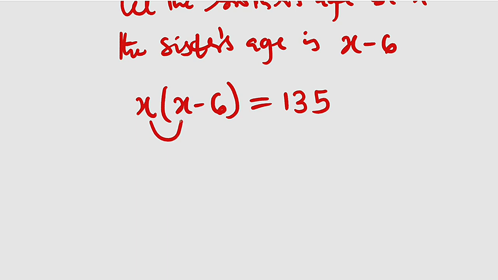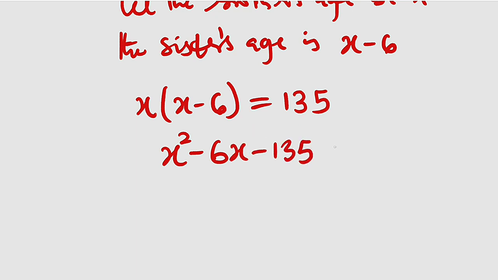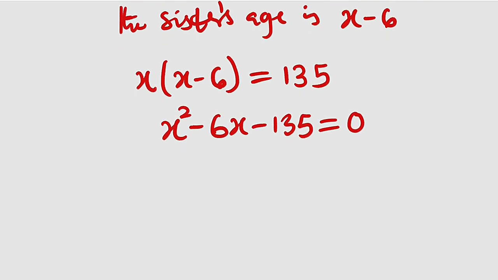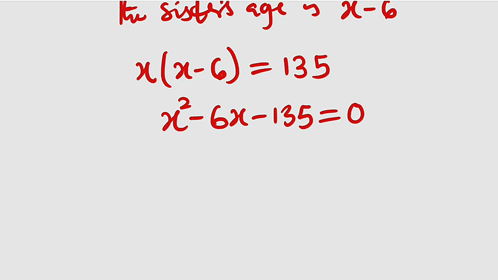So let's distribute. This time this is x squared, then x times negative 6 is negative 6x. You can bring this one backward, it becomes negative 135. The whole of this equal to 0. Another quadratic equation where we are looking for x. And x must be positive, right? Because it is the age of the brother.